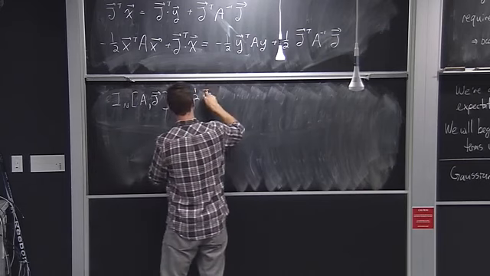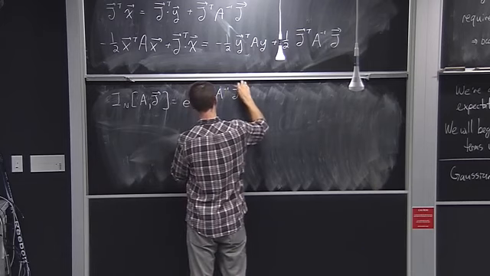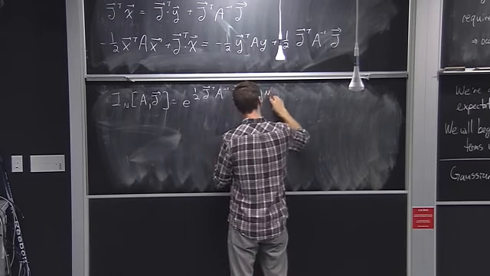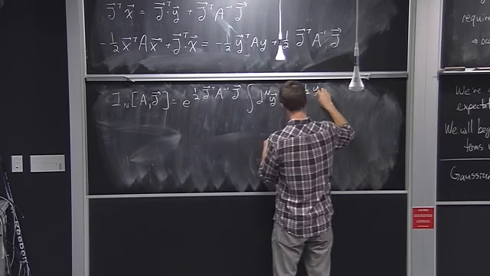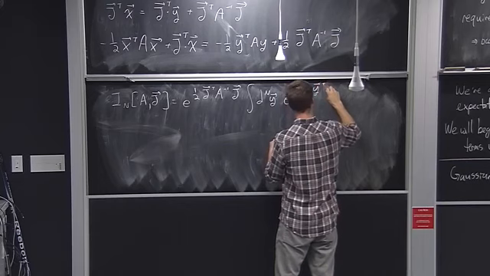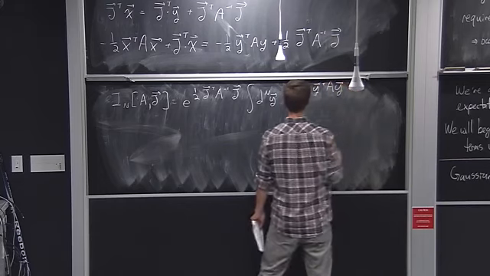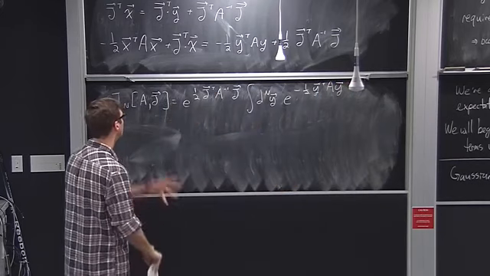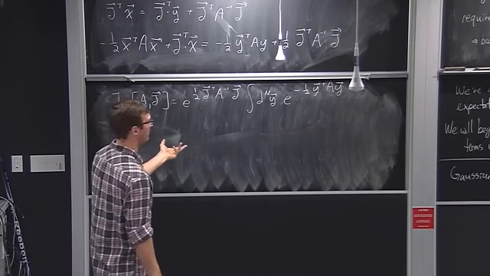So pull it out. J transpose A inverse J. And then the integral, which is over y now. Yeah, that seems right. Okay, so you're done.